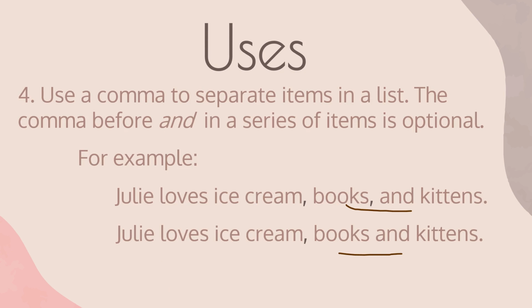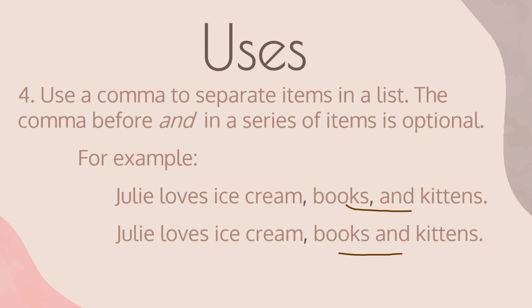Use a comma to separate items in a list. The comma before and in a series of items is optional. It means that whenever you're listing things, you have to place a comma in between to separate them. For example, Julie loves ice cream, books, and kittens. Here we are listing three things: ice cream, books, and kittens. So we are placing commas to separate these words.